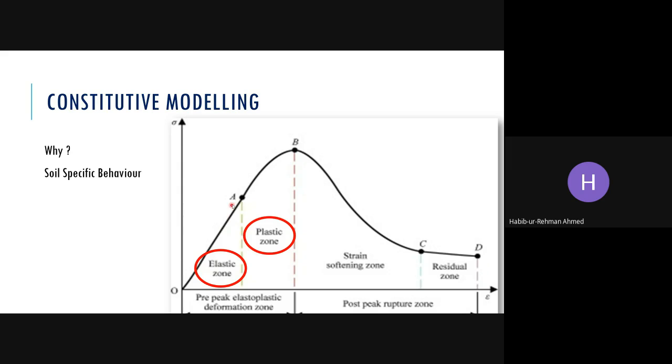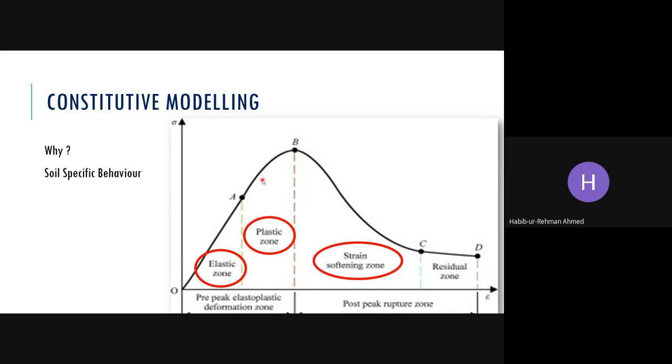So up to the elastic limit, we have a yield point, and after the yield point, your material has entered into a plastic zone. Finally, it reaches the top, which is basically the peak. And after the peak, most materials strain soften. We call it strain softening because there is a reduction in stress with further straining. So this is the strain softening zone.